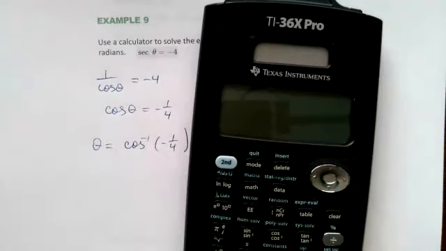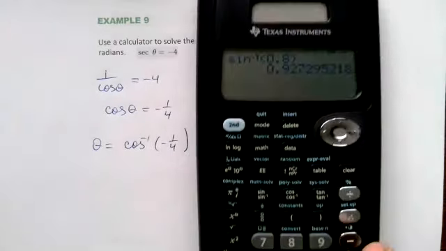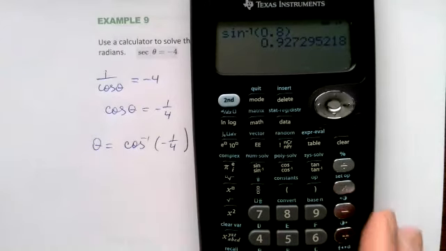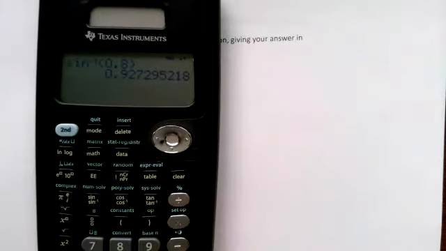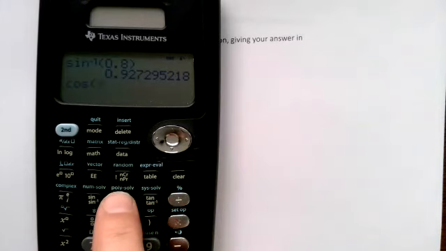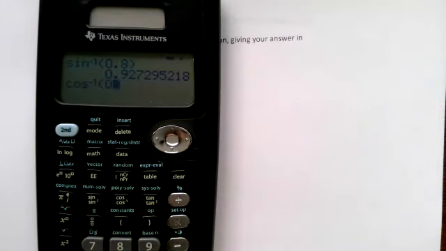All right, let's put it in the calculator. We know we're already in radians. Inverse cosine of 0.25, that's 1/4. I got 1.318, and so forth. Ooh, sorry guys, it's a negative.